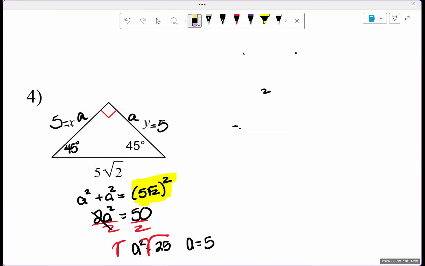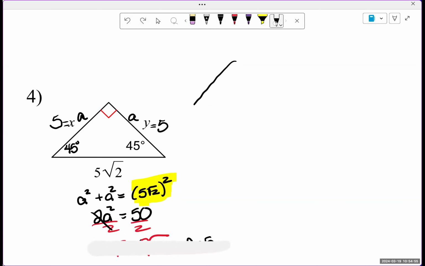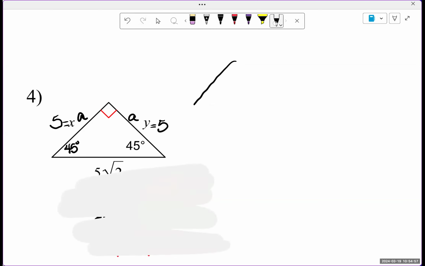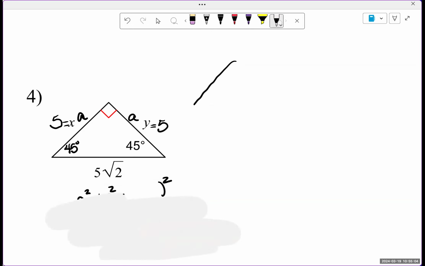Okay, so if I had another isosceles triangle, so I'm going to get rid of this. Actually, I'm going to get rid of it just in case someone has a question. Okay, having a hard time. Okay, so we have 5, 5, and 5 rad 2.